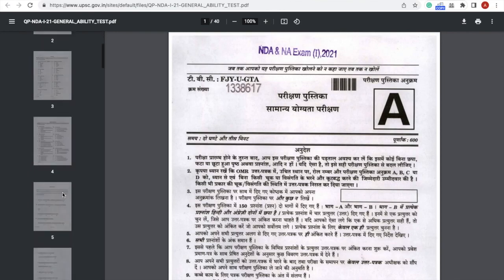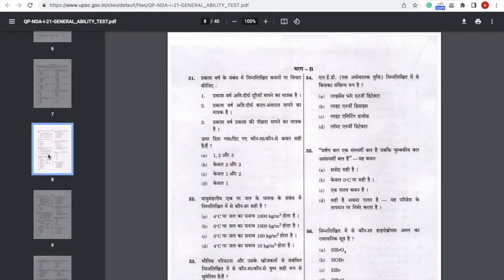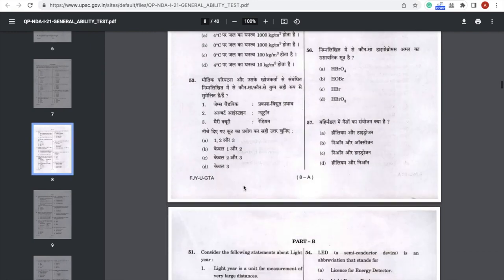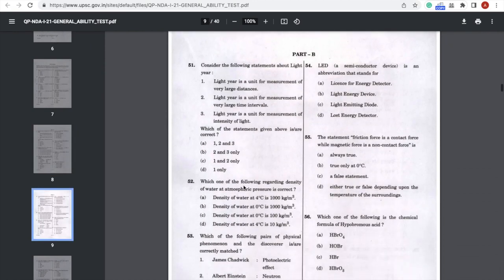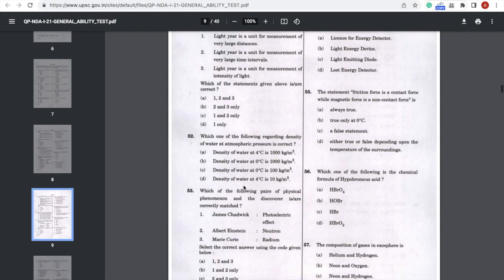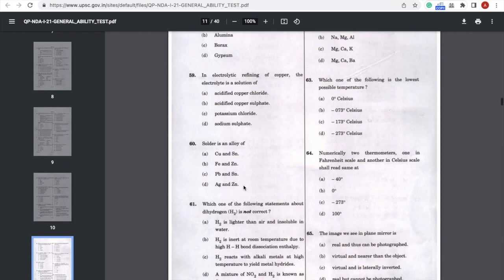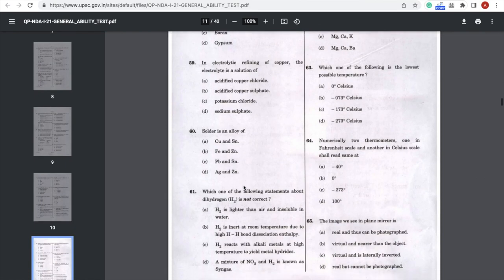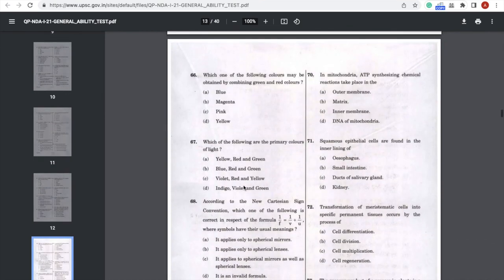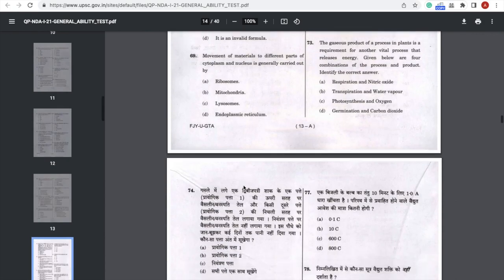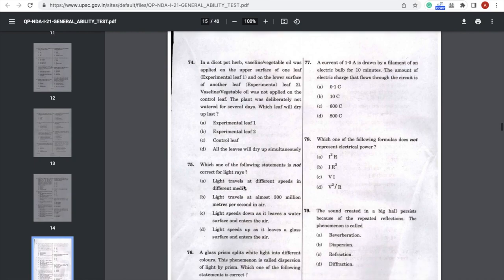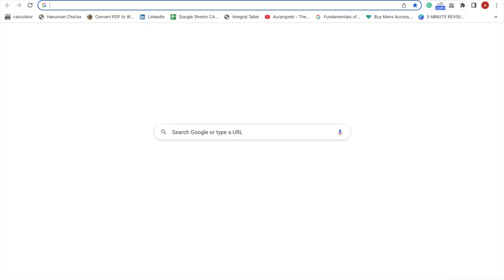Okay, I will show you one or two questions, not more. Now I'll open up the NCERT. Is the screen visible?